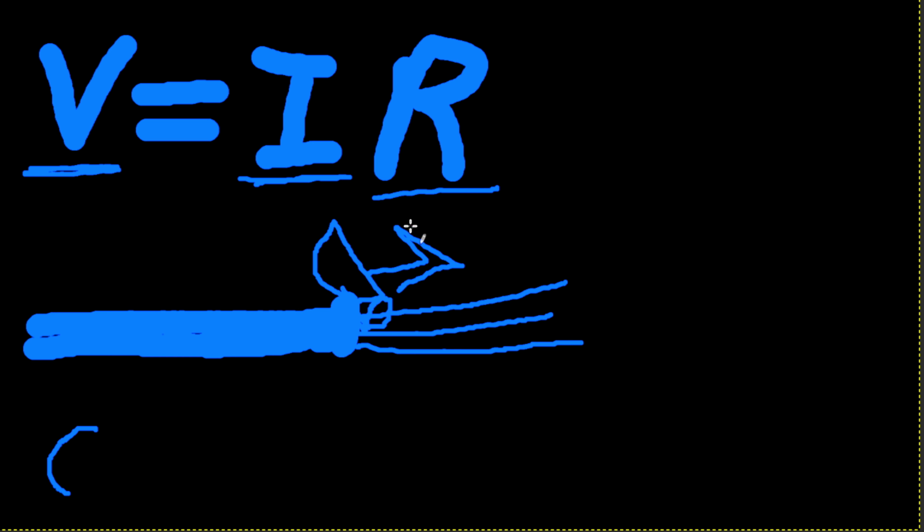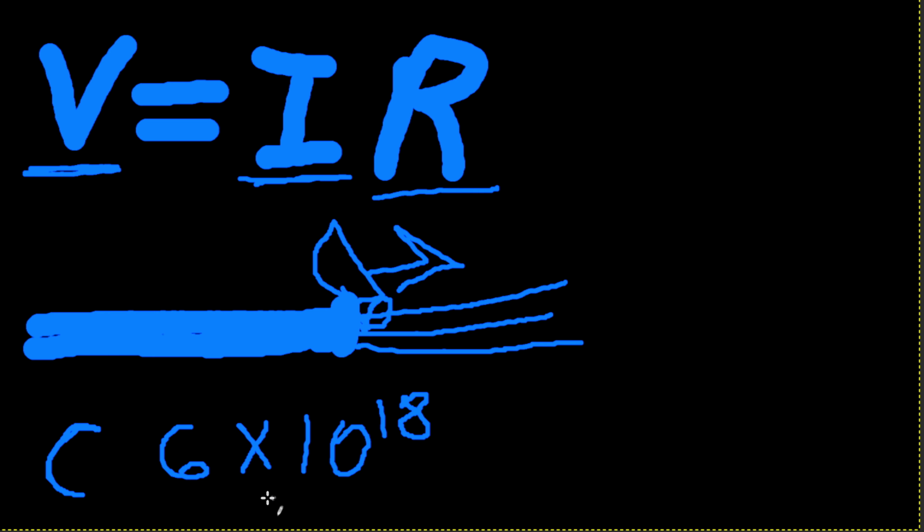So I'm going to go through I real quick, and then I'll go back to that. I is the intensity of current, and that's measured in amps or amperes. And what an amp is, it's the number of coulombs per second. A coulomb is about 6 with, I believe, 18 zeros after it. I won't write it out like that, but I'll write it in scientific notation: 6 times 10 raised to the 18th power.